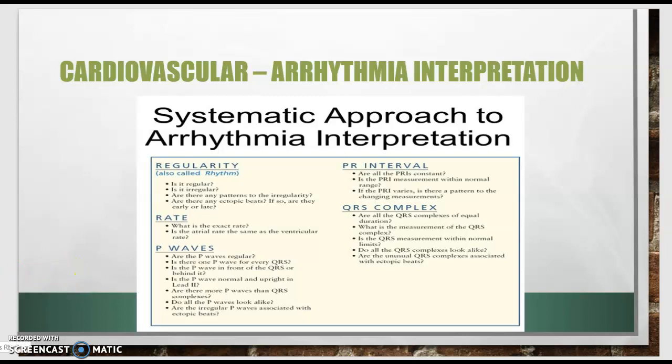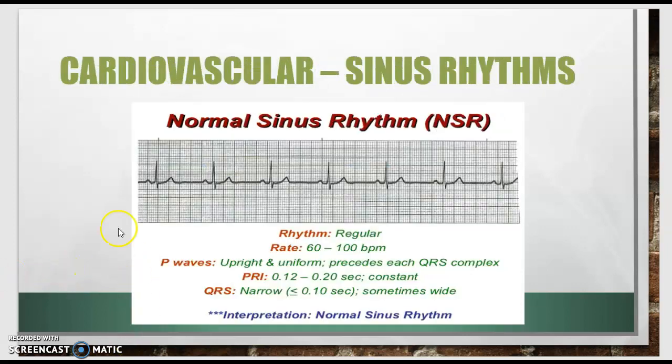So now let's go through some of these rhythms and just talk about it. And this is normal sinus rhythm here. And so everything that you see down here is what normal sinus rhythm is. So your rhythm should always be regular with normal sinus rhythm. Your rate should be 60 to 100.